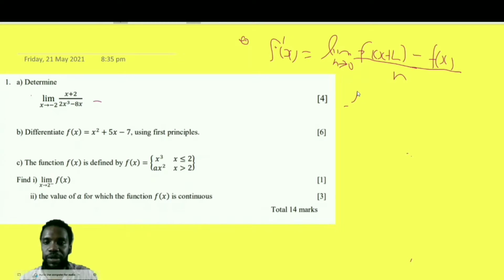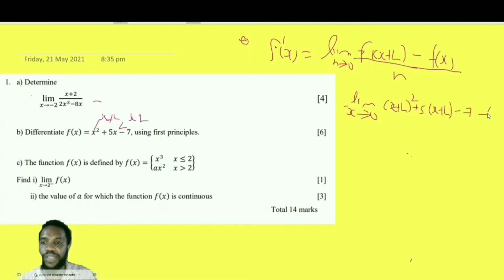Alright, so this becomes the limit. Now f of x plus h simply means that wherever we have x in the function, we're going to replace it with x plus h, so here and here. Alright, let's see what happens. So I'm going to have x plus h all squared plus 5 times x plus h minus 7.